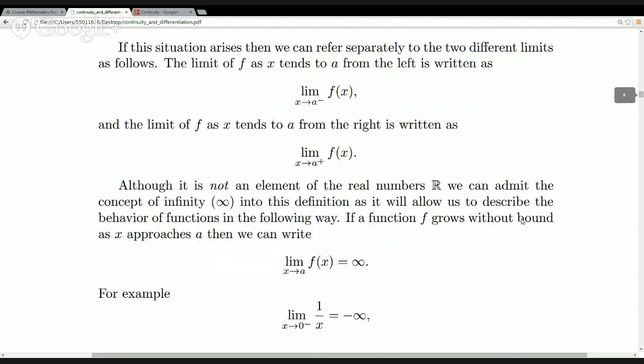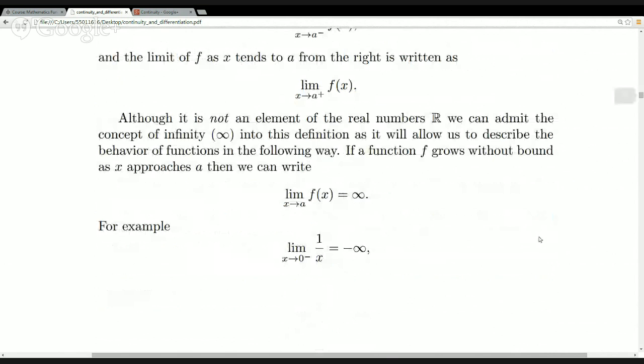And we can also bring infinity into the notation in various ways. Now, I must pause and emphasize that infinity is not a real number. Of course, it's not an element of the real numbers. But we can bring in the symbol infinity anyway to describe how functions might be behaving.